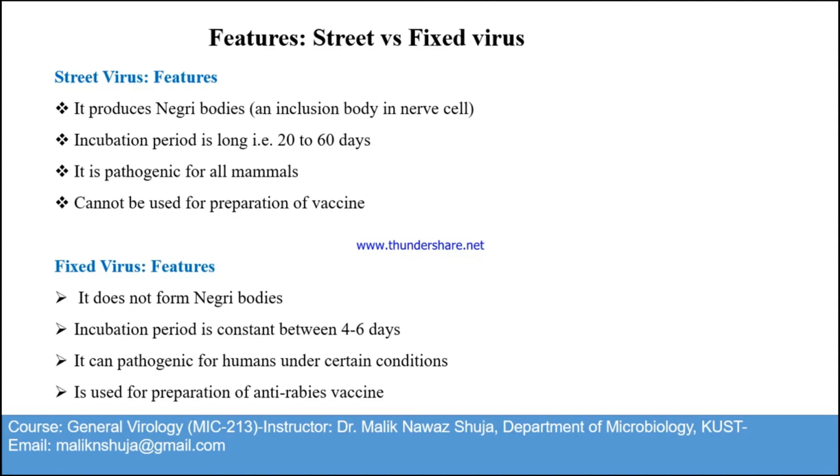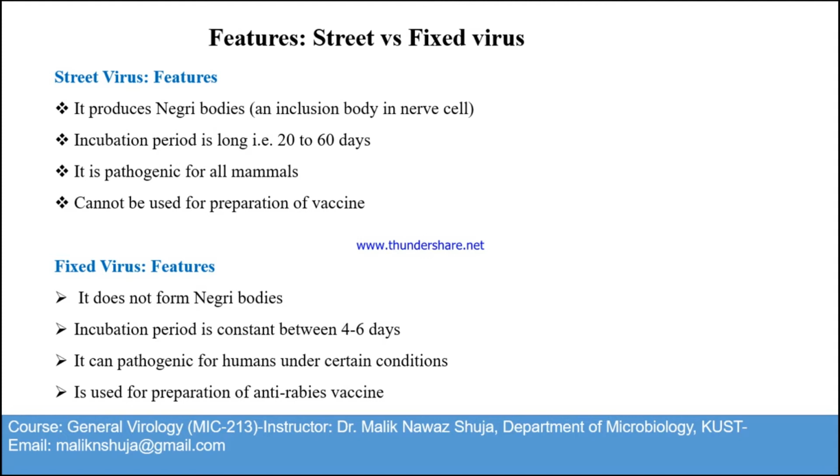If you want to compare its features, the street virus has its own features while the fixed virus has its own features. Street virus produces Negri bodies because it causes infection in the brain, and Negri bodies are basically protein structures which contain the viruses.